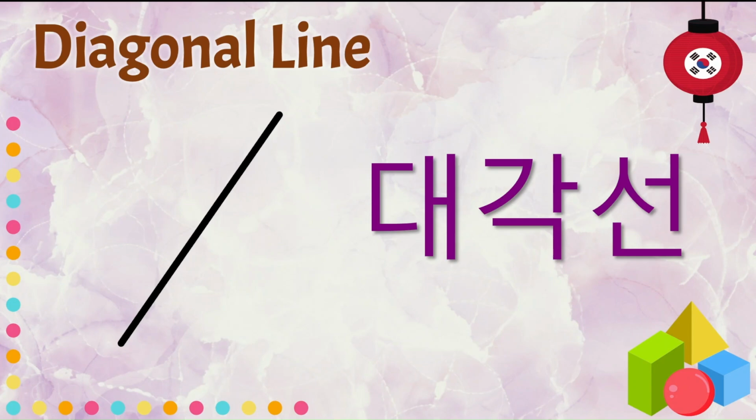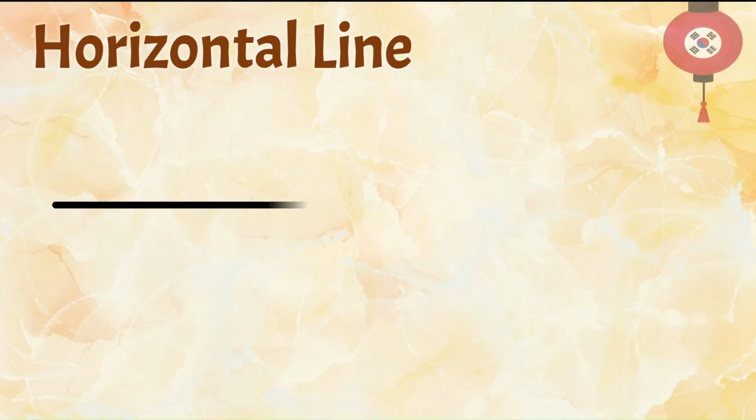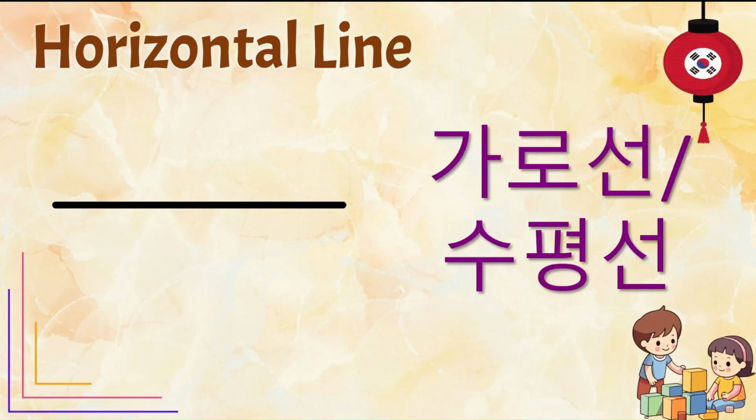대각선. Next comes the Korean word for horizontal line. Now there are two words for horizontal line in Korean. One is 가로선, 가로선, and the second word is 수평선, 수평선.